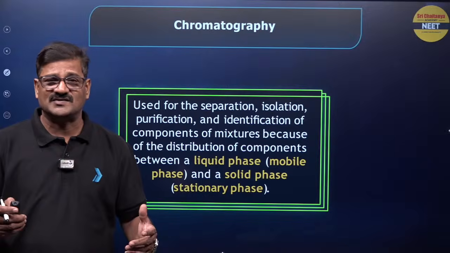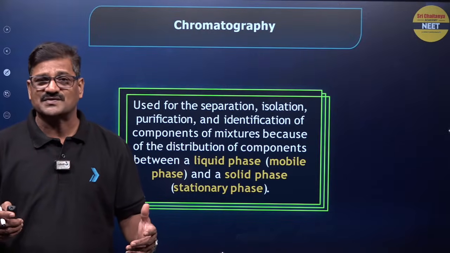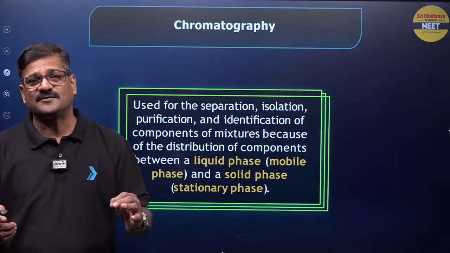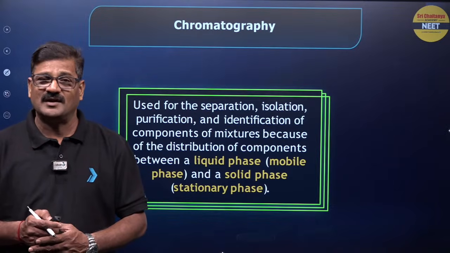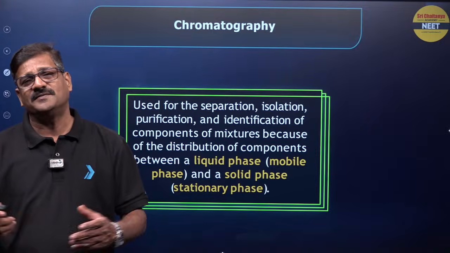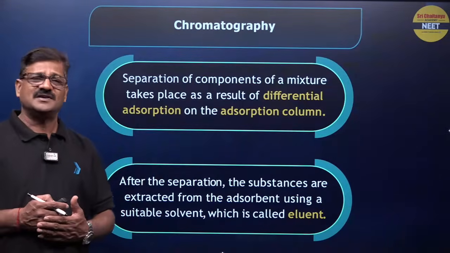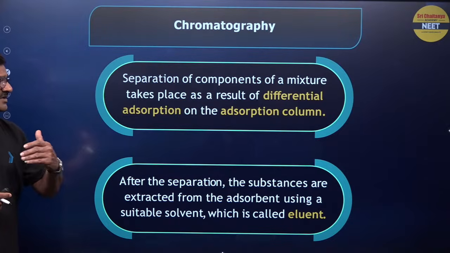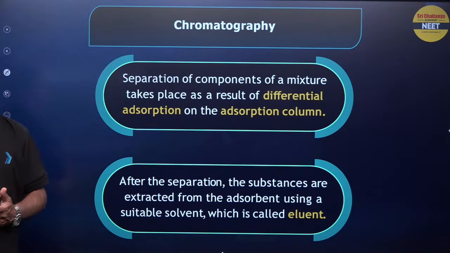Any chemical or pharmaceutical industry uses chromatography as the chief technique for their assessments. There are various types of chromatography, and separation of the compounds of a mixture takes place as a result of differential adsorption on the adsorption column.